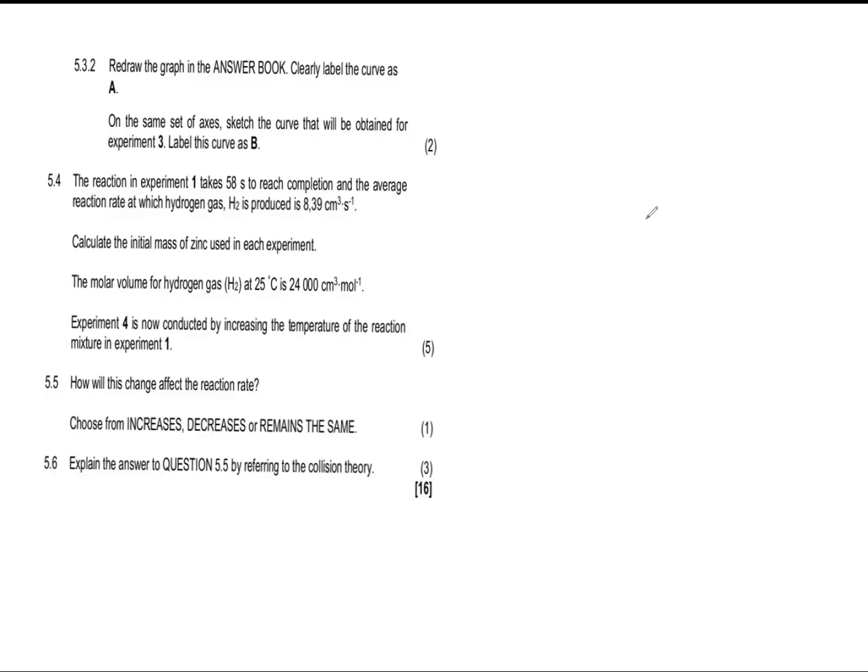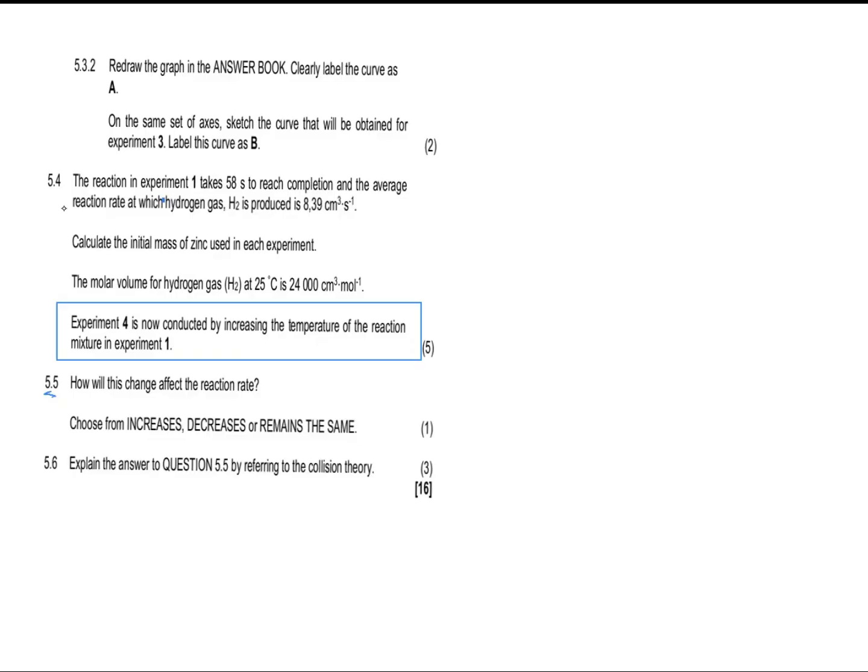Okay, so now we have 5.4, or 5.5 I meant to say, experiment 4. So I believe this is the sub-statement. Experiment 4 is now conducted by increasing the temperature of the reaction mixture in experiment 1. So this is where we have to think now.